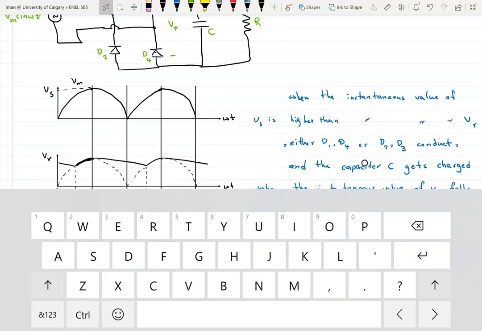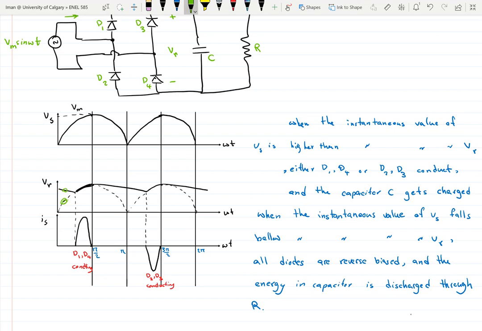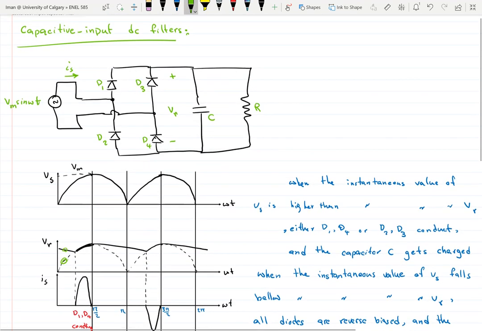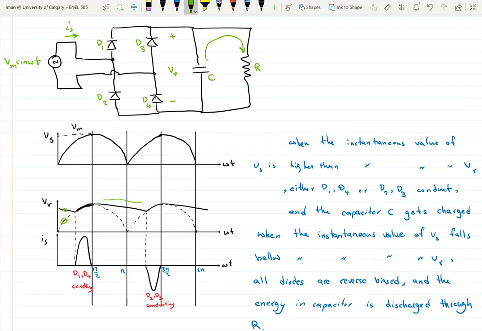Okay, so when V_s here is lower than V_R, this capacitor here is discharging energy into the resistor, and you have this fall of V_R, because V_R is actually the voltage across the capacitor, so as it's discharging, its voltage is also going down, right?